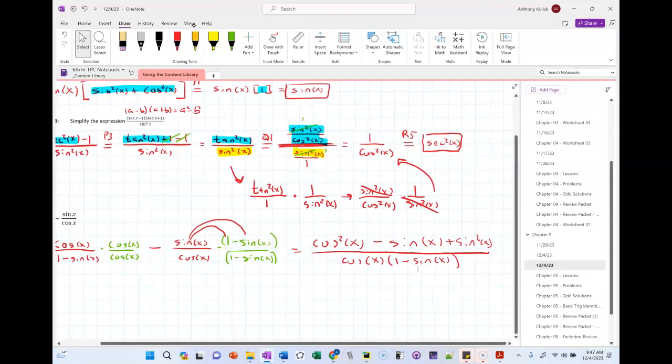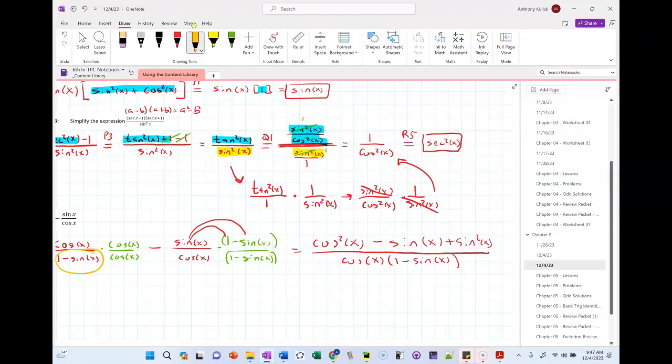Why did you choose 1 minus sine? It's the denominator of the other fraction, right? So if I have 1/2 minus 1/3, the common denominator is just 2 times 3, just the product of the two denominators. Okay. Is that? Yeah. Okay. That's fine. Yeah. Ask if you're not sure. We can talk through it for sure.